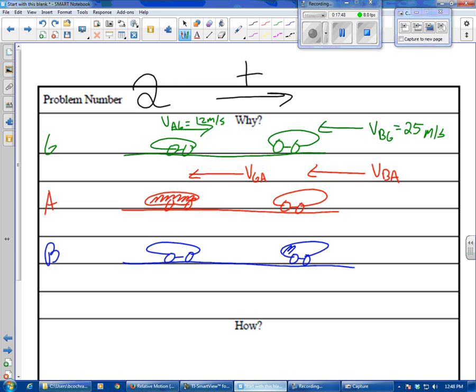And then if we're car B, we would see the velocity of the ground with respect to B, and it would also in that same direction see the velocity of car A with respect to B. Right? Because if I'm in car A, I'm seeing the ground coming towards me and car B coming towards me. And if I'm in B, I'm seeing both those things coming towards me too.